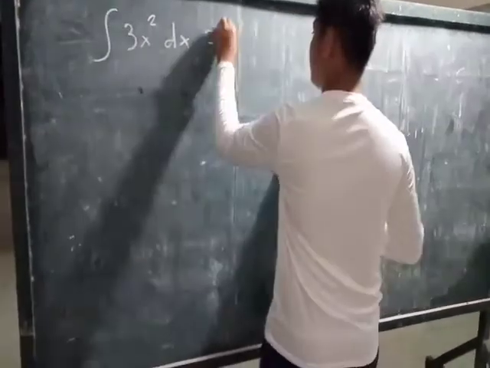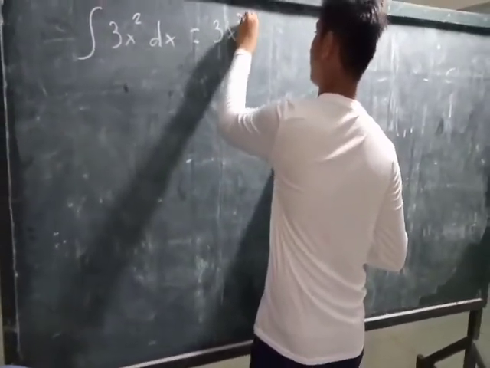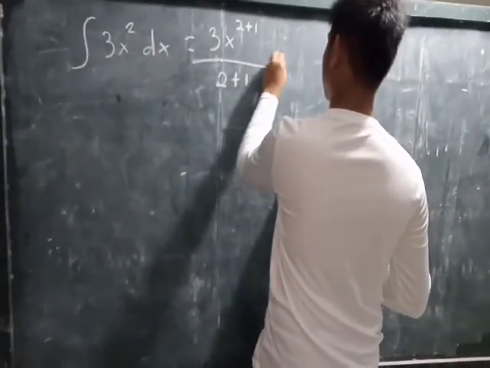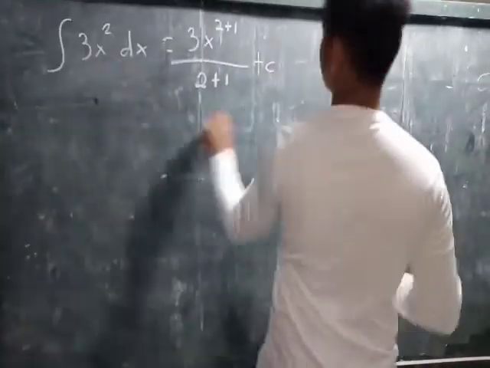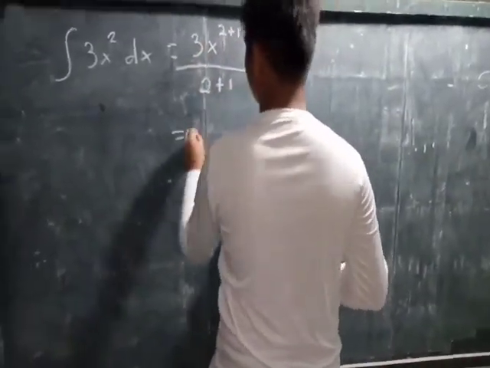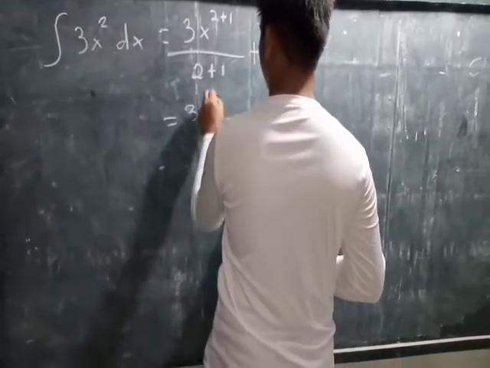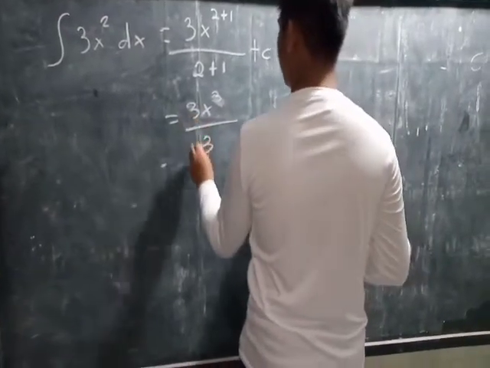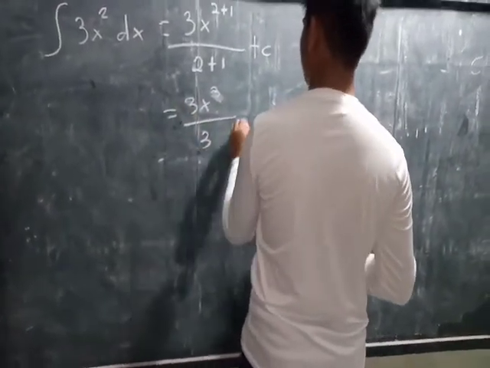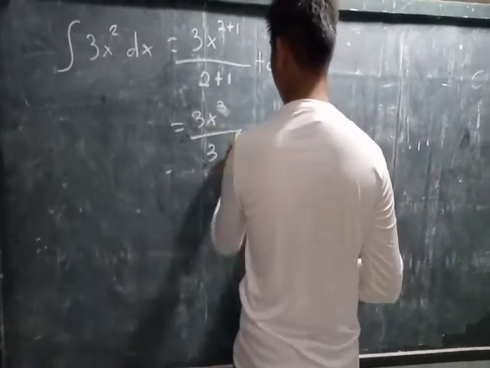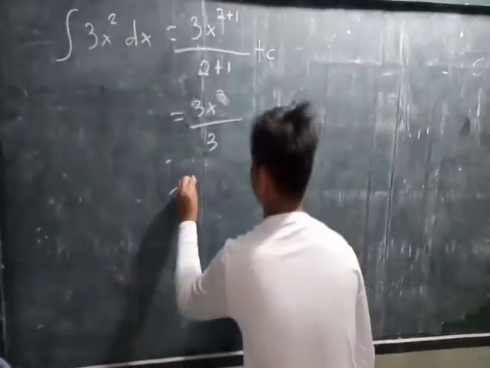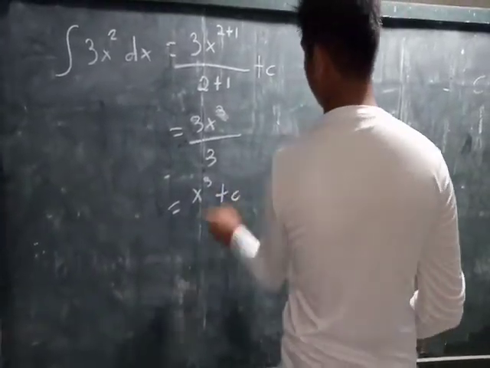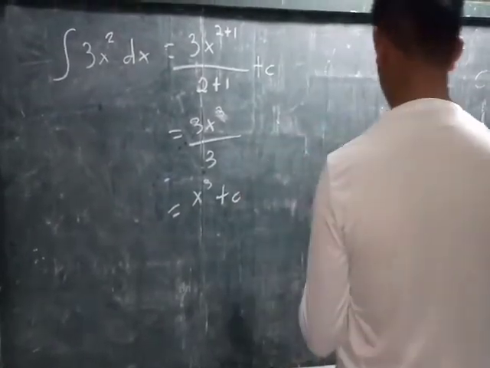So it's going to be 3x to the 2 plus 1 over 2 plus 1, plus c. 2 plus 1 is 3, and 3 divided by 3 is 1. So our answer is x cubed plus c, because we need to add the constant of integration.